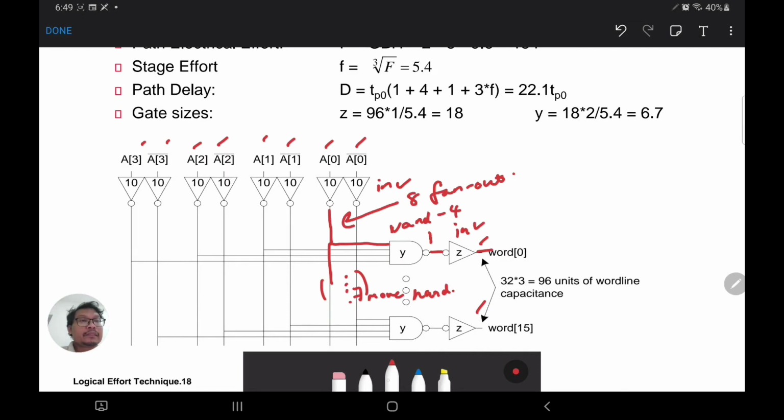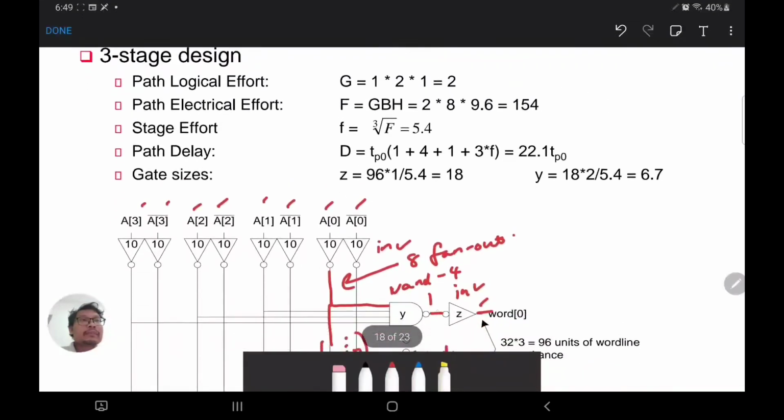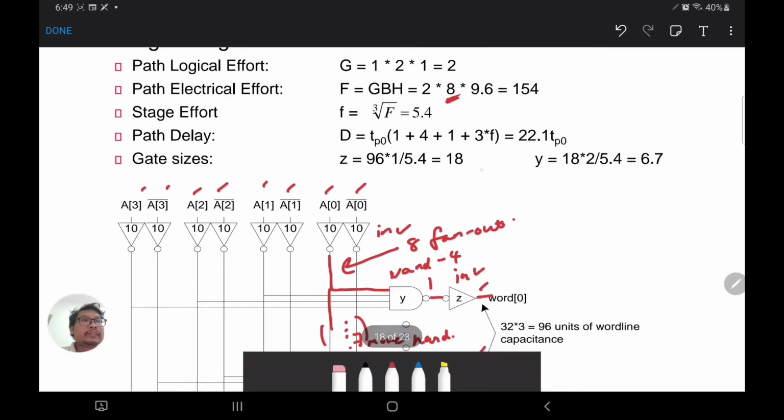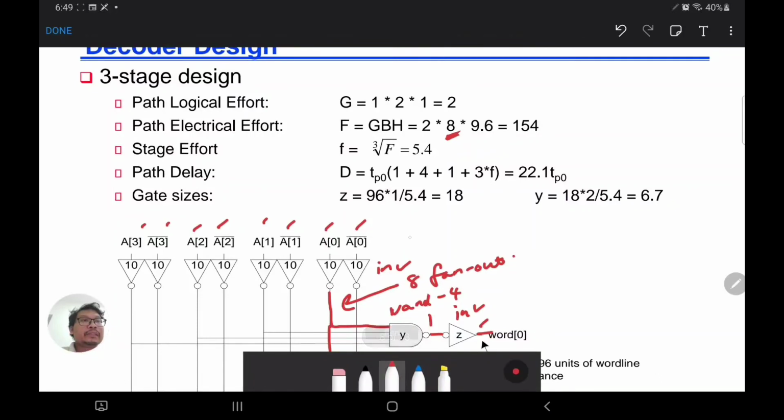So in that case, our branching effort is 8, because this is 1, so only in the middle. So our branching effort is 8. And what about our H? So this is your P, this is your G and this is your H. What about our G? This is 1, this is 1, and this is 2.